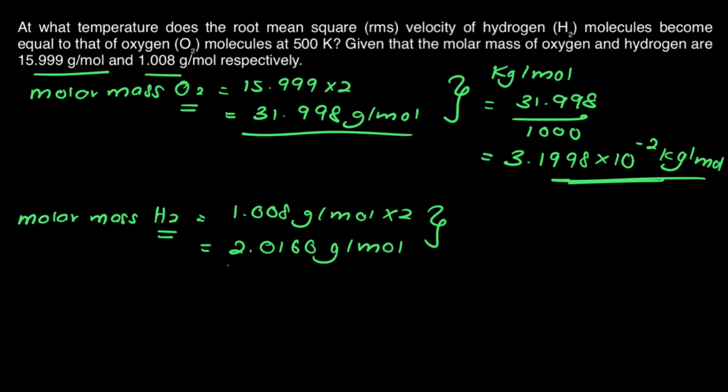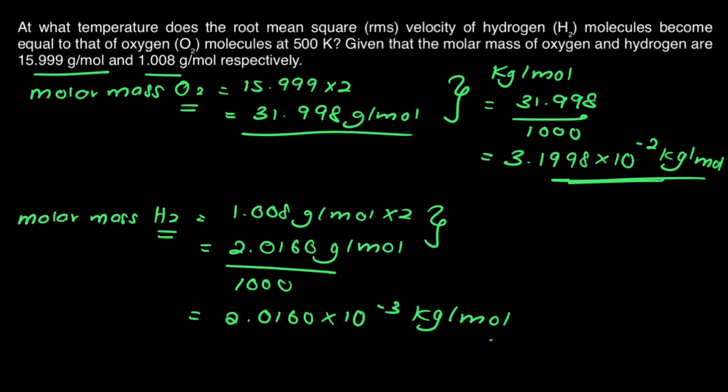To convert this, you need to divide by 1000. So you will get 2.0160 times 10 to the power of negative 3 kilogram per mole. This is the first step that you need to do before we can proceed to the calculation using the root mean square.